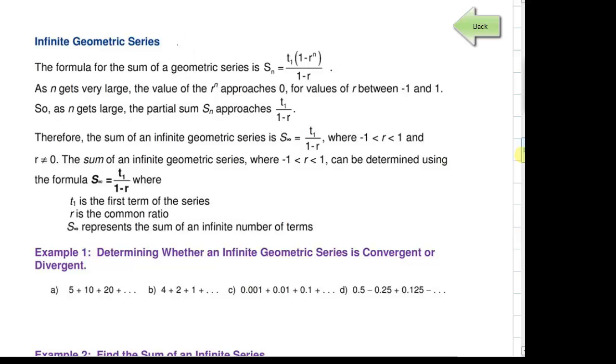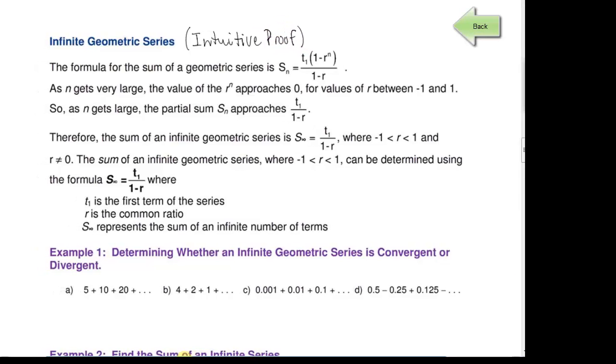We're going to derive that formula, and we're going to use something called an intuitive proof. We're just going to reason it out. You already know that the formula for the sum of a geometric series is s subscript n equals t1 times 1 minus r to the n over 1 minus r.